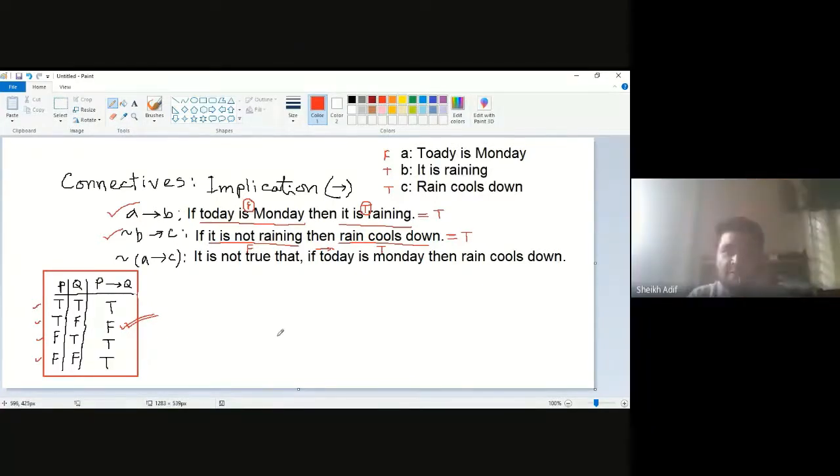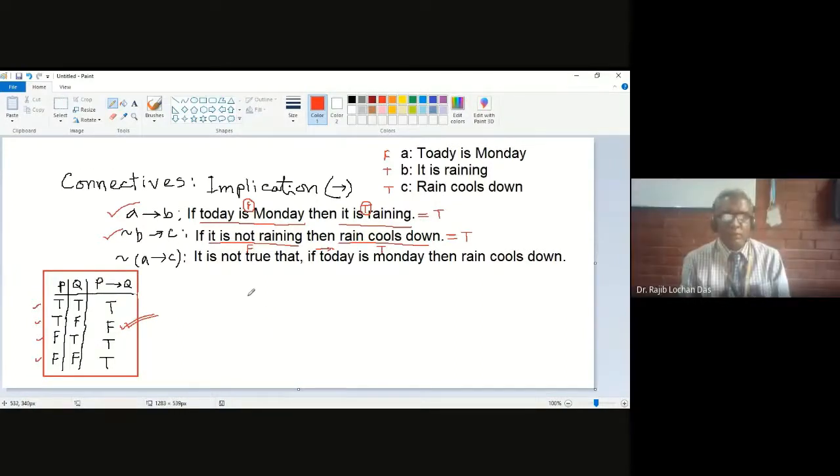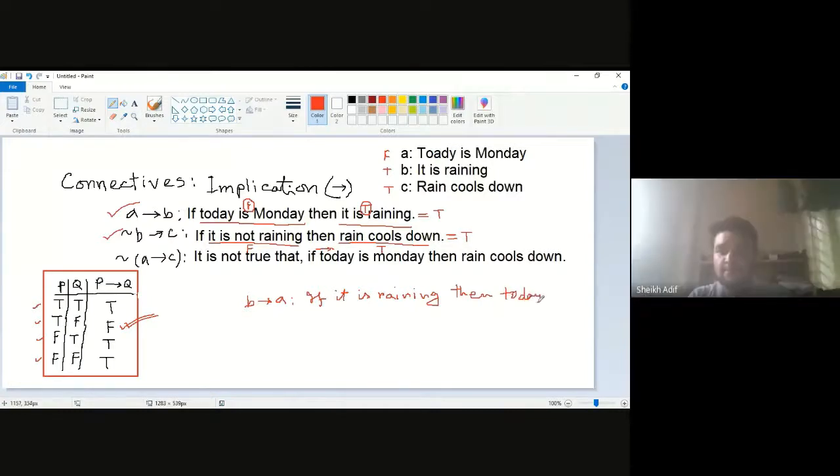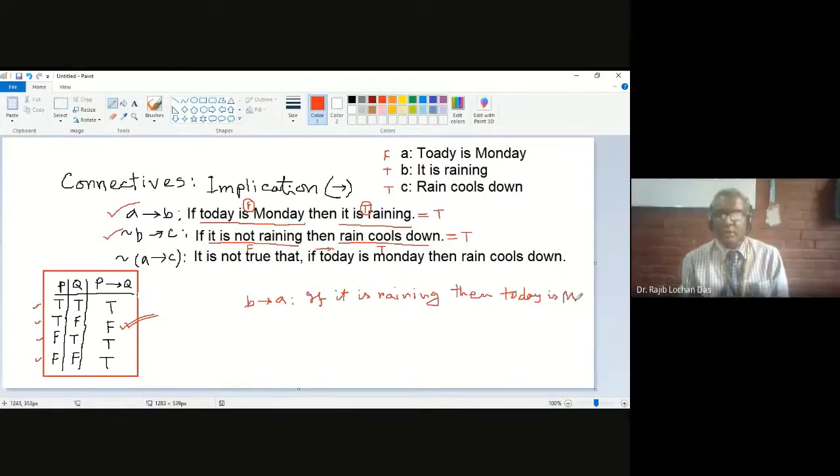Sir, we can say B implies A. B implies A. Okay, good. So let me write B implies A. If I write B implies A, the sentence is actually: if it is raining, then today is Monday.